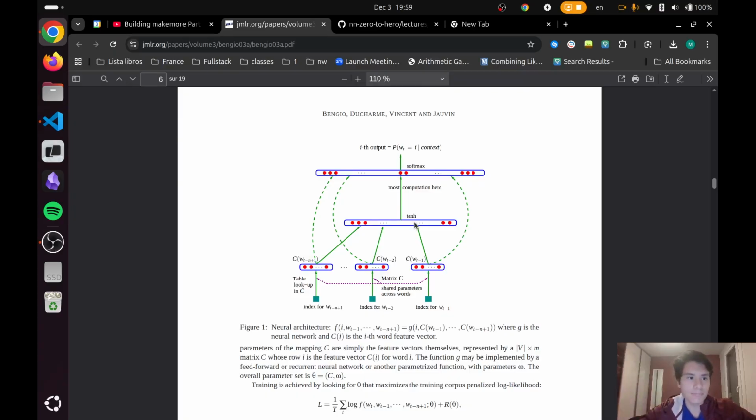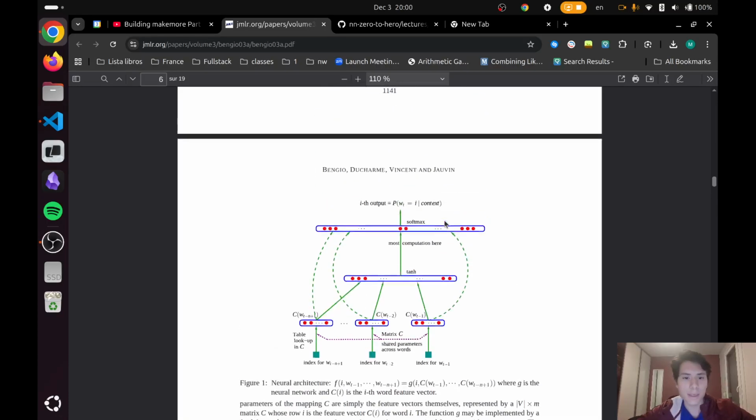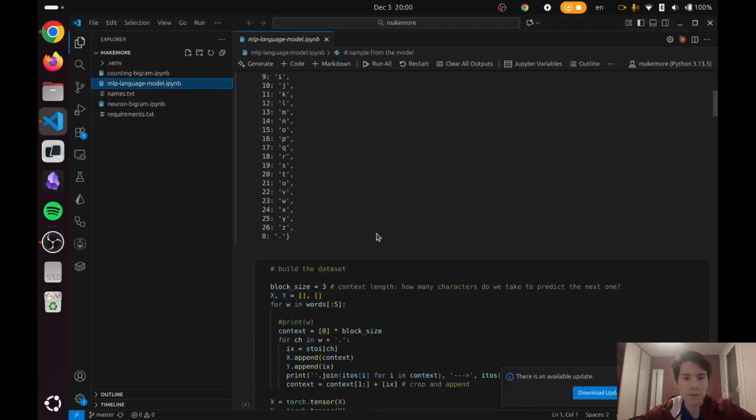It's a multi-layer perceptron. It's just a linear combination. Apply tangent, and then we apply the second layer with more weights, but the output is the alphabet, because in this case we are treating characters. We only have 27 characters. We are not using a vocabulary of 10,000 words, and we apply softmax, and we get a vector of probabilities that we are going to use, and that's it. And this is the implementation.